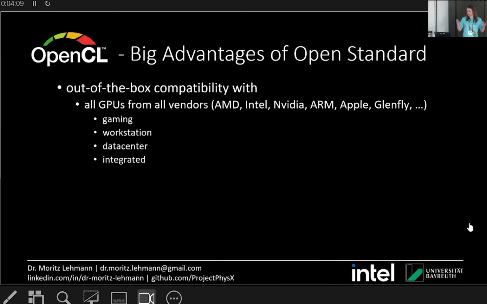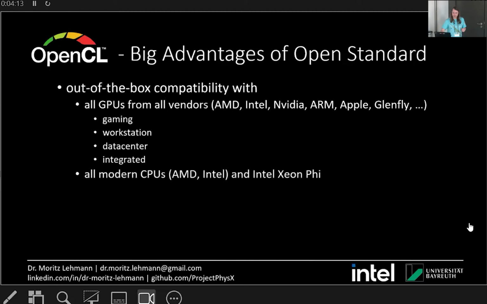And all gaming, workstation, data center, and even integrated GPUs. It also runs on all modern CPUs, AMD, Intel, and even Xeon Phi, and with modern I mean CPUs manufactured in the last 20 years, basically. They all run either the Intel CPU runtime or PoCL. And it also runs on FPGAs and accelerators.